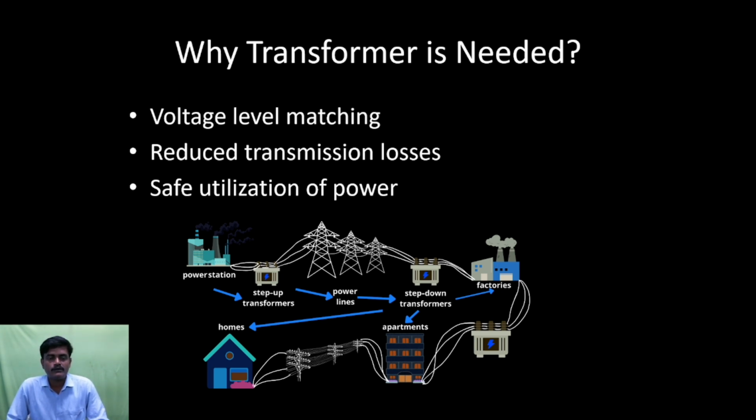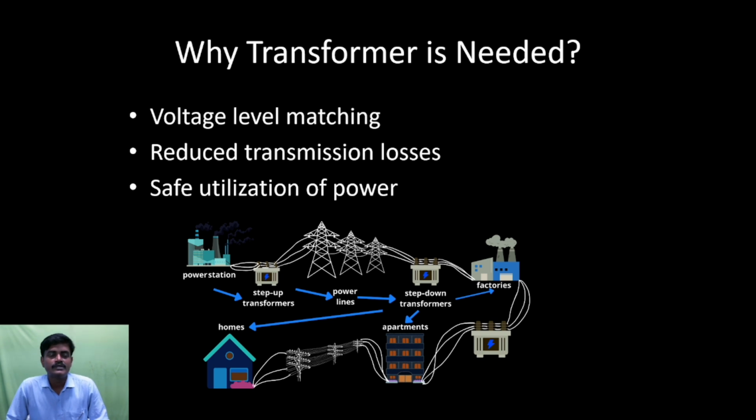But the electricity board gives only 200 volts, as some voltage dip may occur on the electricity side. At that time, I use a step up or step down transformer to stabilize my voltage. That is voltage level matching.